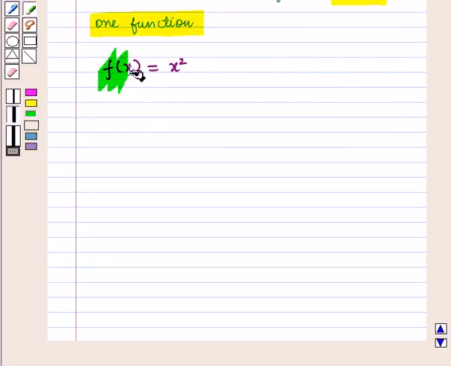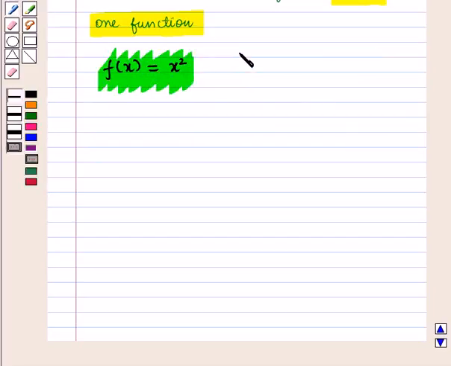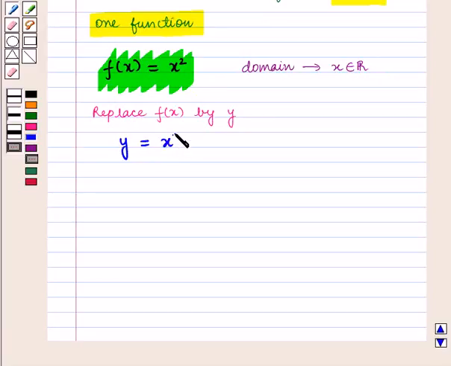So let us find its inverse, where the domain is x belonging to the set of real numbers. Now here in this function we replace f of x by y, and we get y is equal to x square.